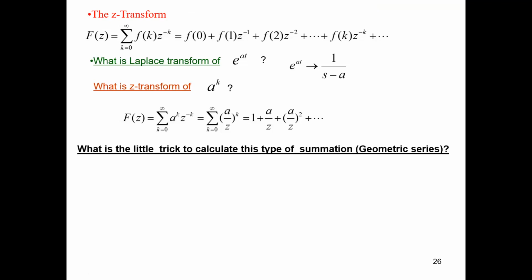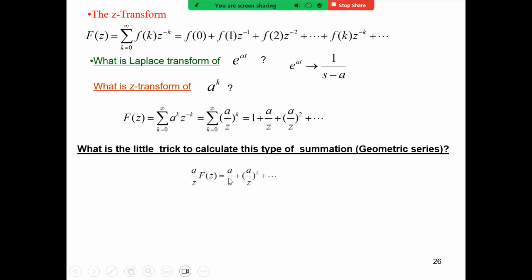What should you do? Multiply both sides by a over z. That's the first step. You multiply both sides by a over z, and then you get this. Of course, this is the most important step. Once you are here, then you know the next step.